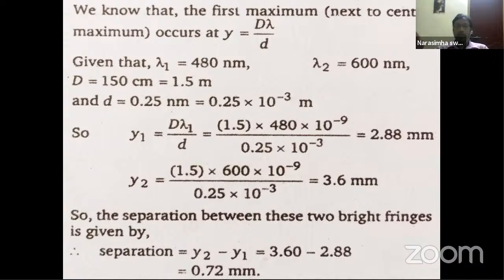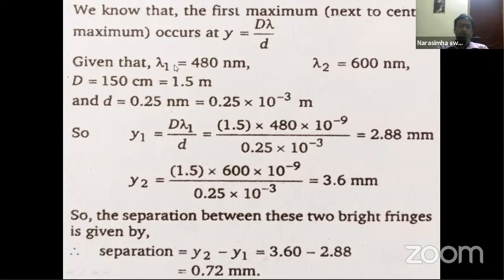Next maximum means, from the center, on either side, the first fringes. So the first maximum next to the central maximum occurs at y equal to D lambda by d.